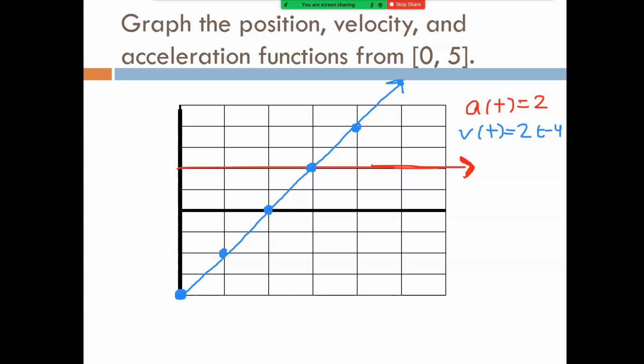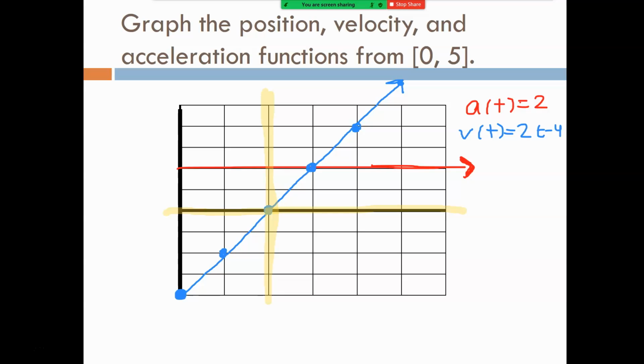And again, when it comes to speeding up and slowing down, you can see from the graph where they're in different quadrants.